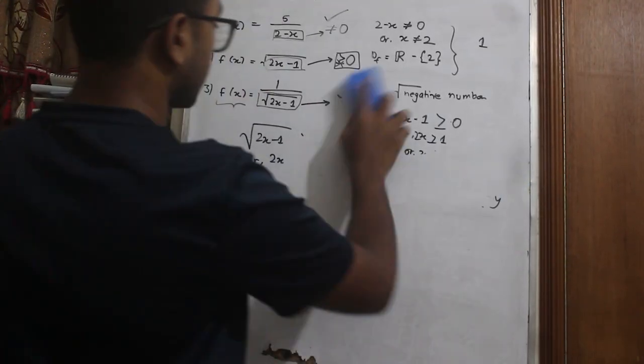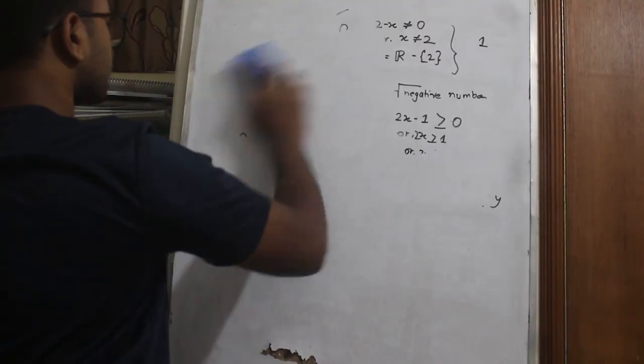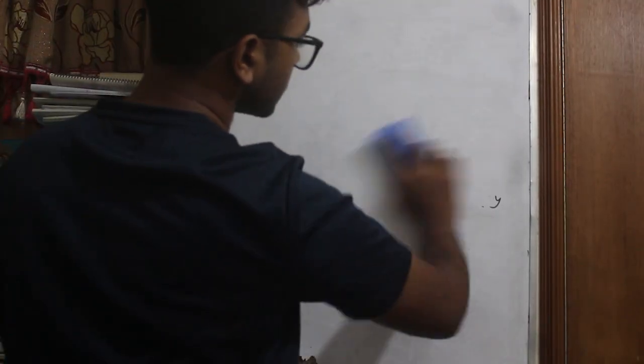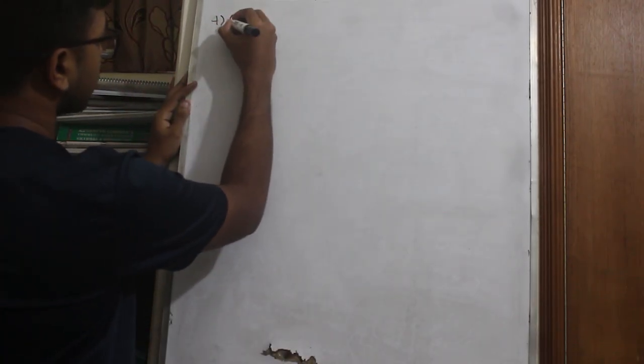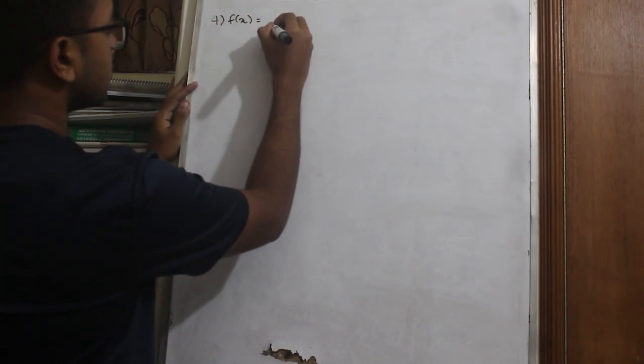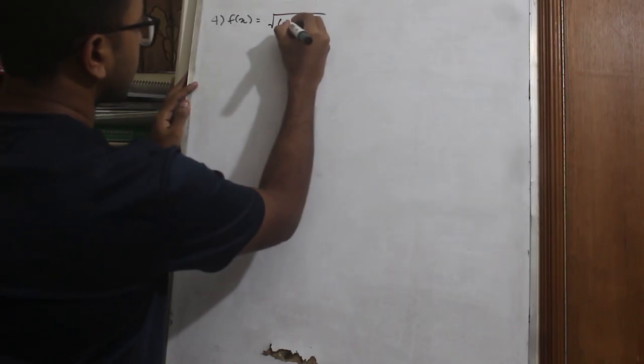Let's put out some harder ones. What can I do for the harder ones? Yeah, let's go with this one. For f of x equals root over x squared.